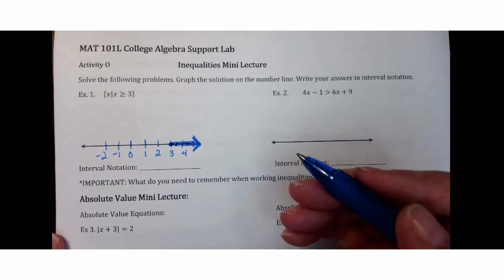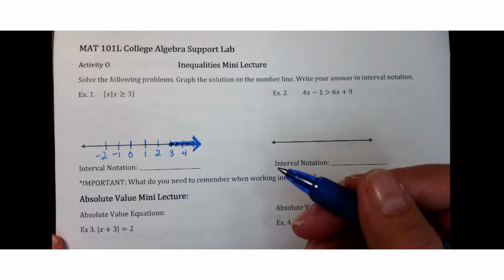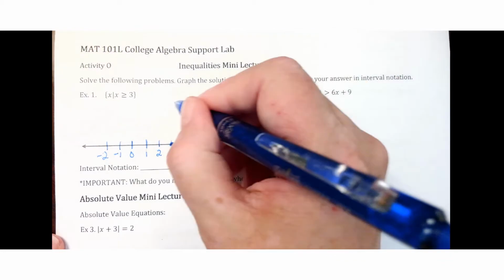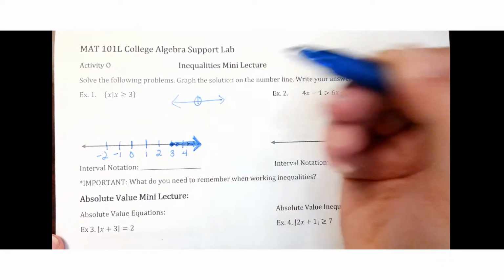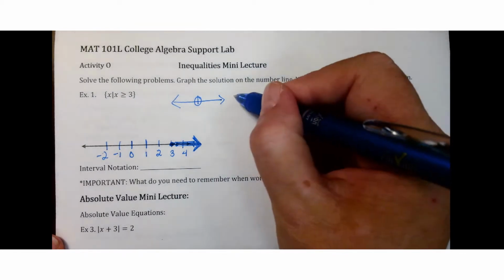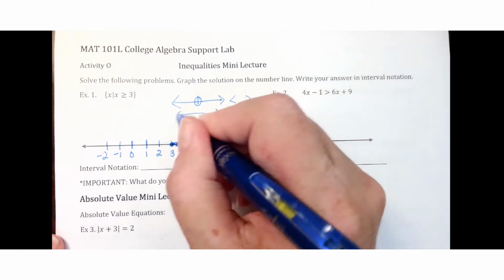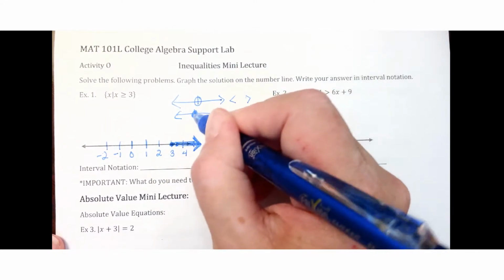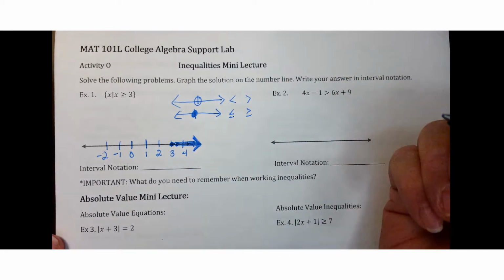Now, you may remember from high school or from another institution that in the past you may have put an open circle there on the graph to represent either less than or greater than, and you may have put a closed circle to represent less than or equal to, greater than or equal to.